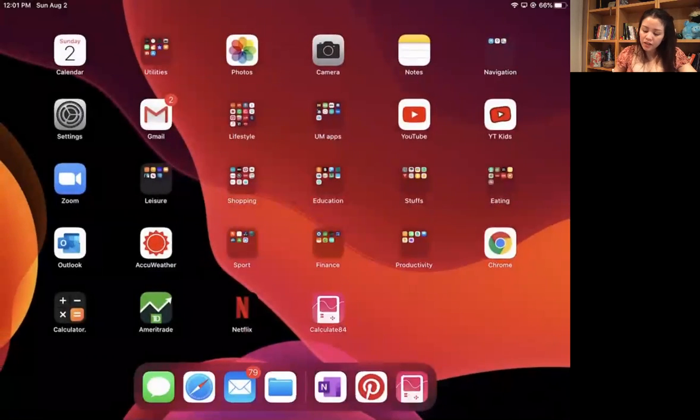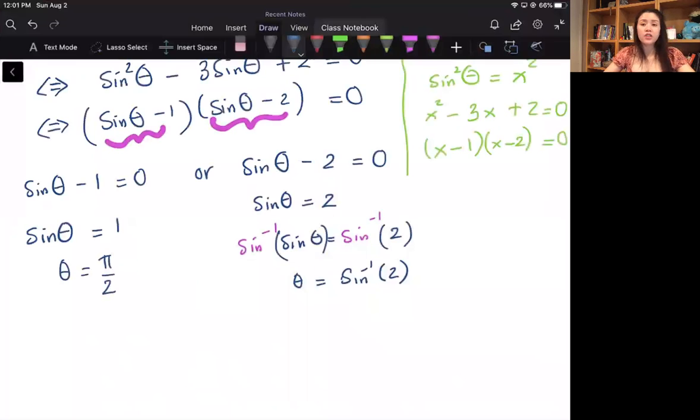And that's because if you remember anything about the inverse function of sine, let me remind you. If I have y equals sine inverse of x, or of theta, let me replace x with theta.